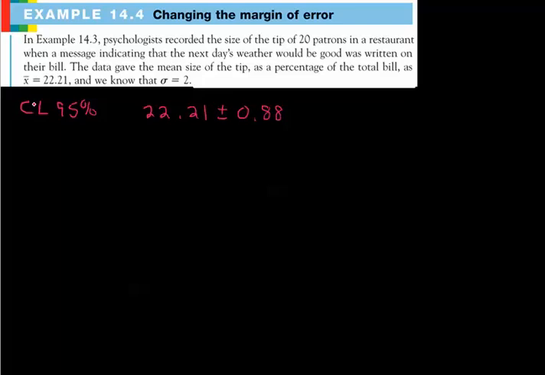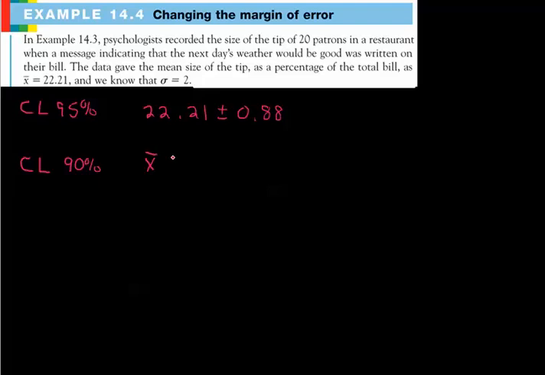Now we would like to calculate, using the same data, a confidence level of 90% to see what happens to our confidence interval, and more specifically to the margin of error. So we're going to use our formula.